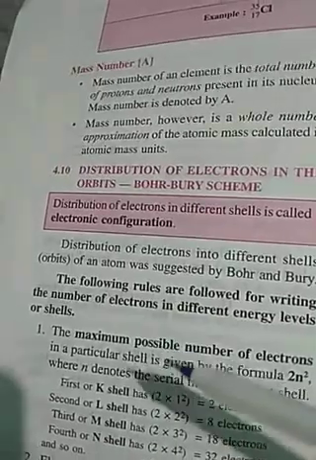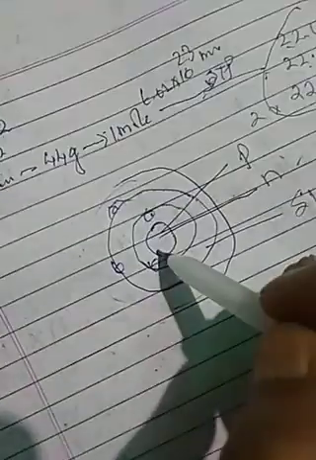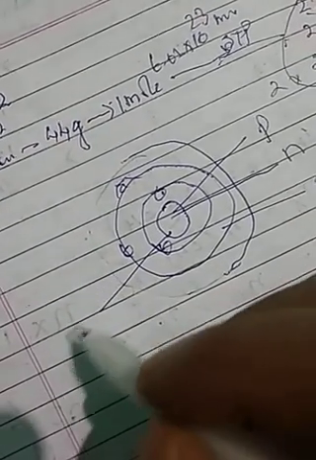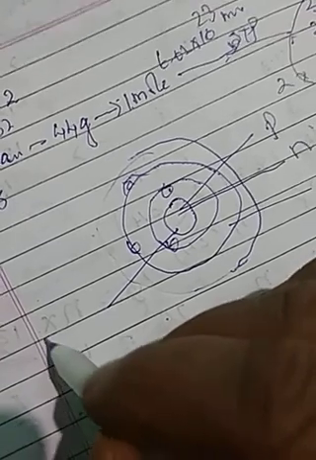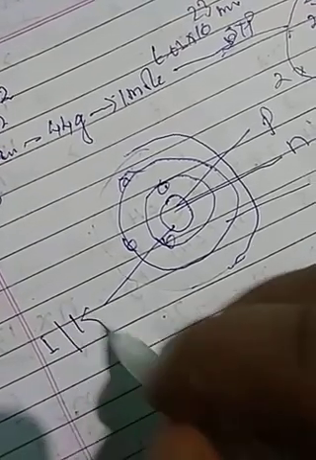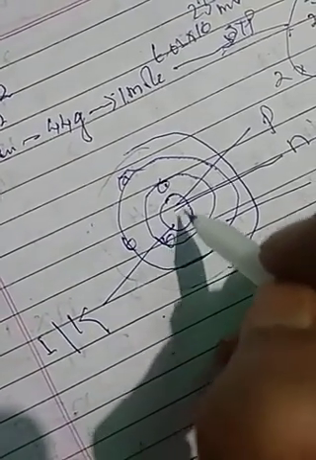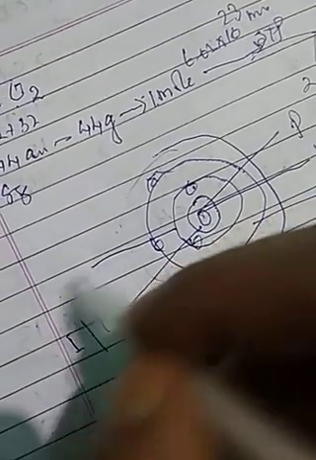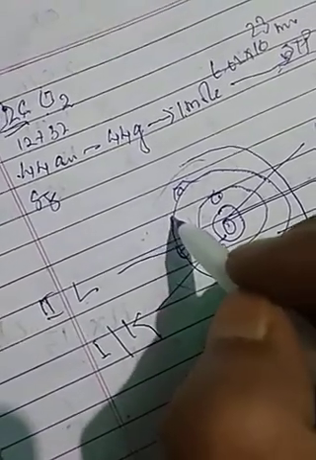There are the following rules. If this one is the first shell, it is called first shell or K shell. This is your nucleus. Then this one will be the second shell or L shell.